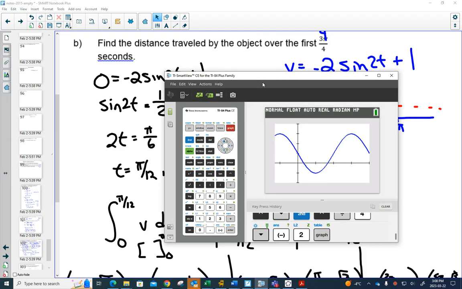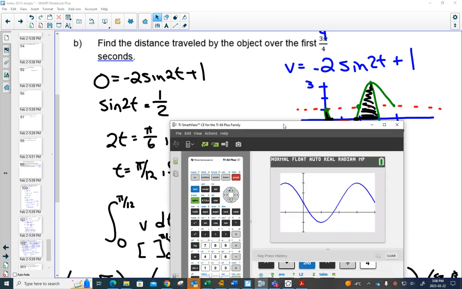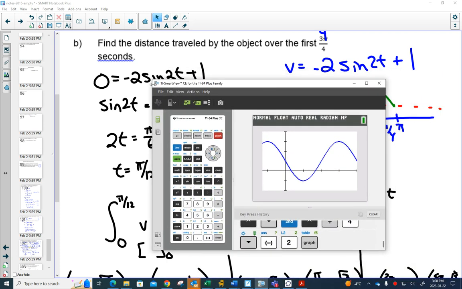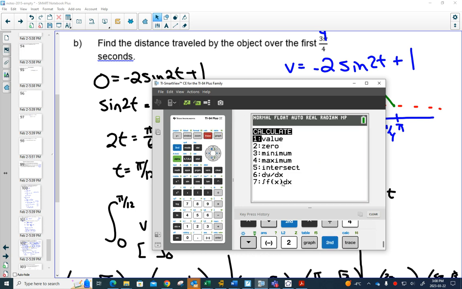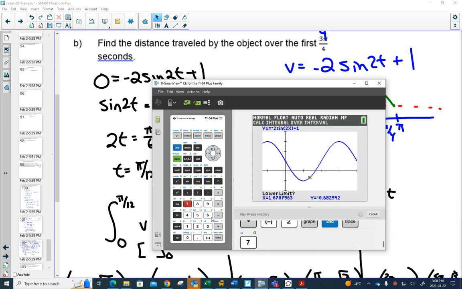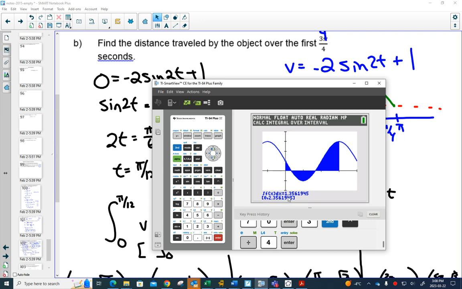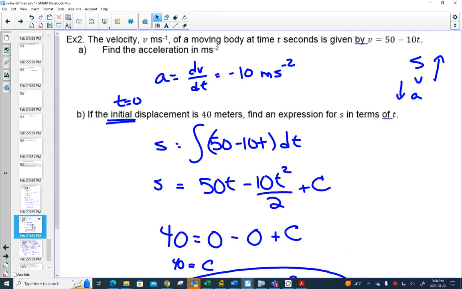Now just to check if our answer in part A was right, where we found the displacement, we can go second calculate number 7, the integral, starting at 0 and going up to 3 pi divided by 4. And we got a displacement of 1.356. What did we get as our answer for that one?